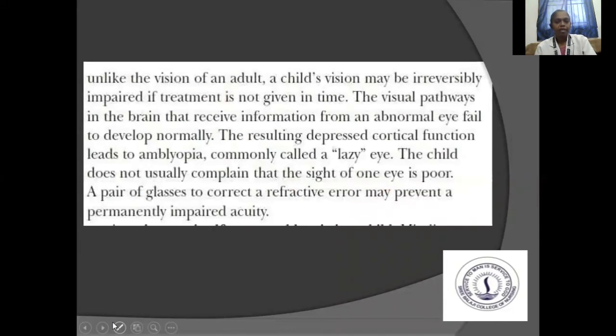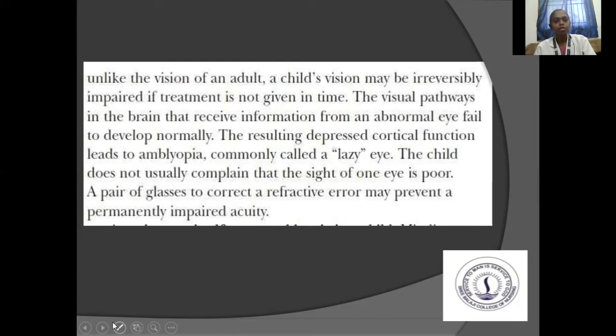Unlike the vision of an adult, a child's vision may be irreversibly impaired if treatment is not given in proper time. The visual pathway in the brain that receives information from an abnormal eye fails to develop normally. The resulting depressed cortical function leads to amblyopia, commonly called a lazy eye. The child does not usually complain that the sight of one eye is poor.